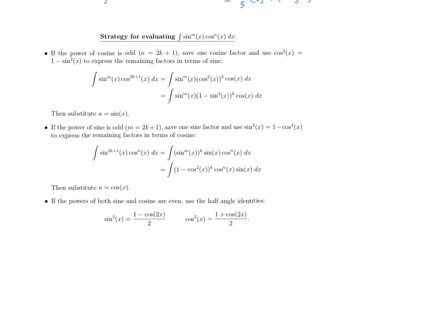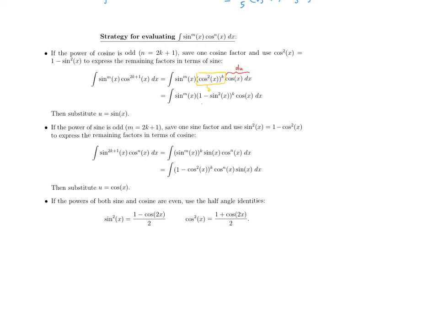So note, even though it looks like there's a lot going on, the general technique, if it's an odd power of cosine, you pull off one of those cosines to play the role of du. Once you do that, you have some remaining even number of cosines, which means you can use the Pythagorean identity to rewrite that cosine squared as 1 minus sine squared.